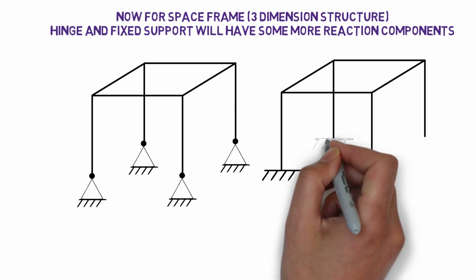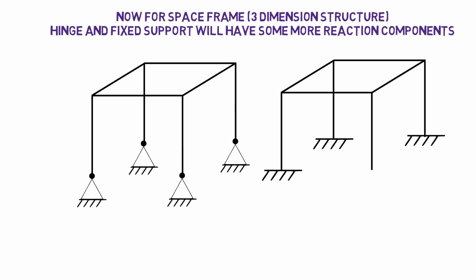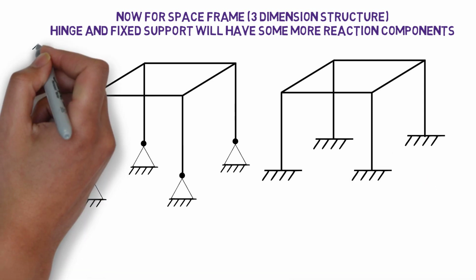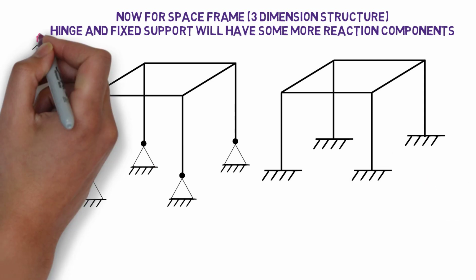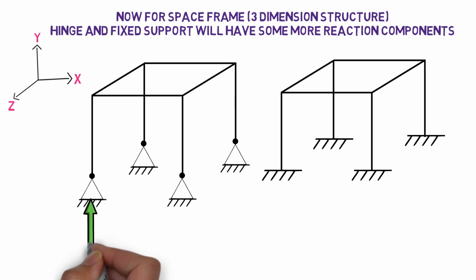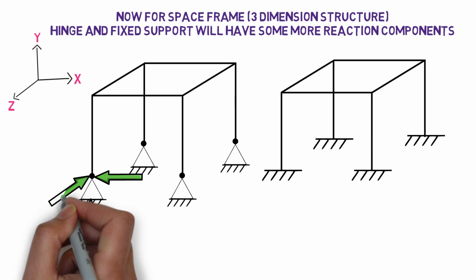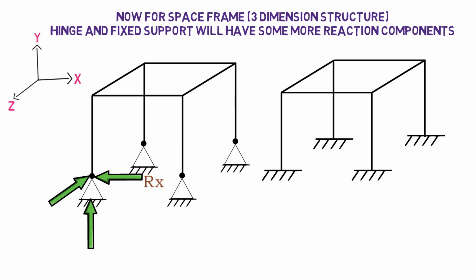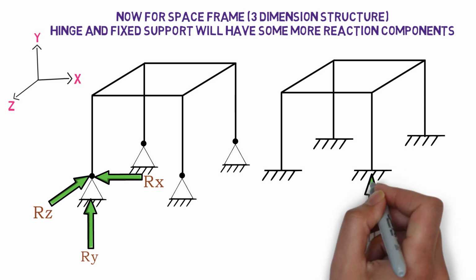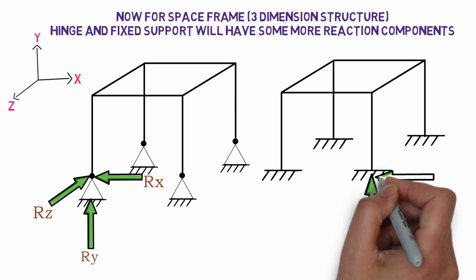In hinge support there will be three reaction components developed in X, Y and Z directions, and those will be forces: force in X direction, force in Y direction and force in Z direction.